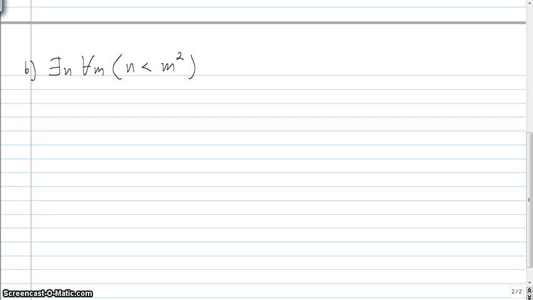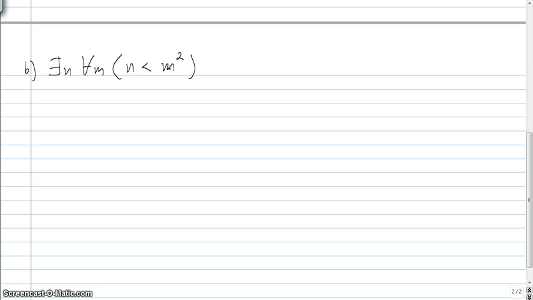Now this one's going to turn out to be a little easier just because of the inequality that's given. Again, the domain is the set of all integers, so we're asking, is there an n so that n is less than m squared, no matter what m is?